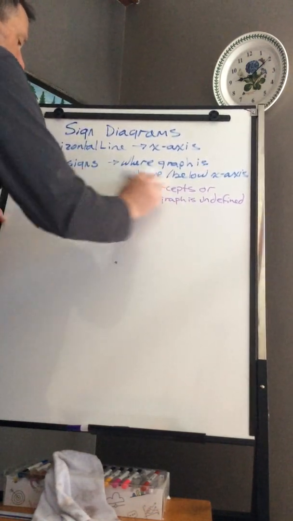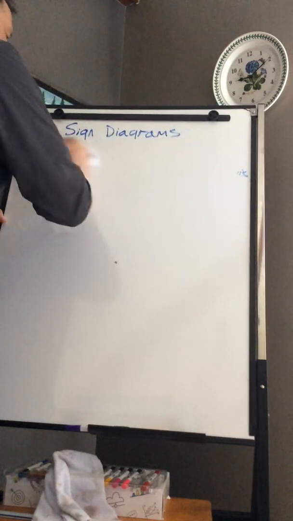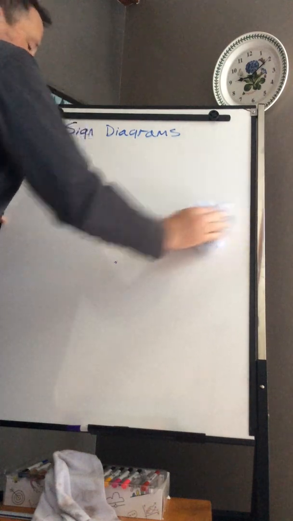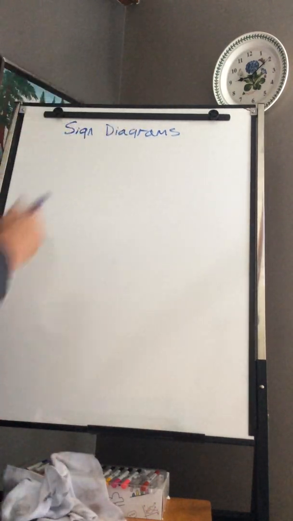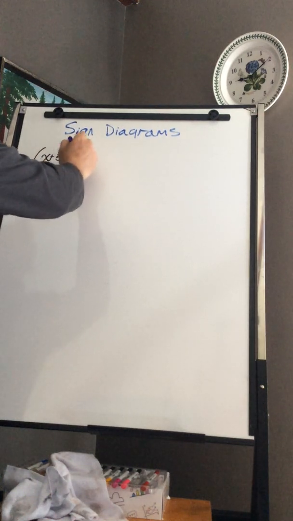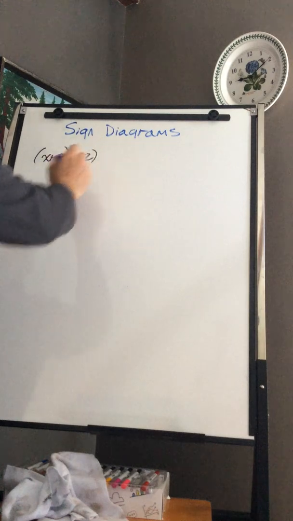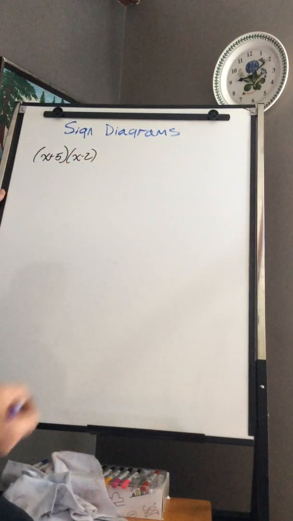So we have to go through the different things that we need to know while we're doing it. So I have the first two examples are this, x plus 5 and x minus 2. So I need to figure out my x-intercepts.